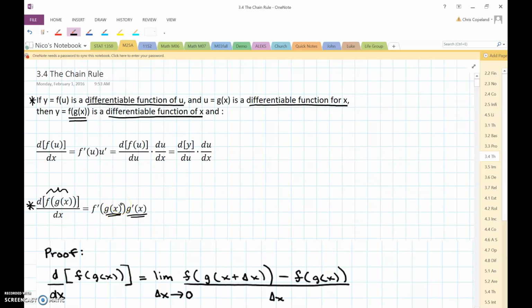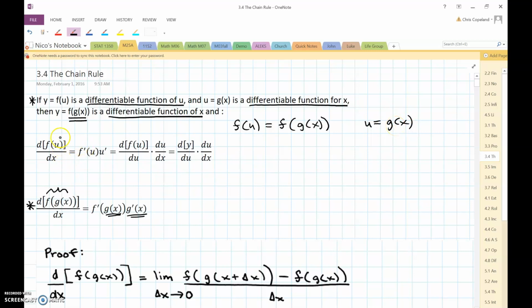Another way, so you want to get really familiar with all these different ways that you can state this. Another way we can state this, we can say the derivative of f of u with respect to x. The reason why is f of u is really equal to f of g of x because u equals g of x.